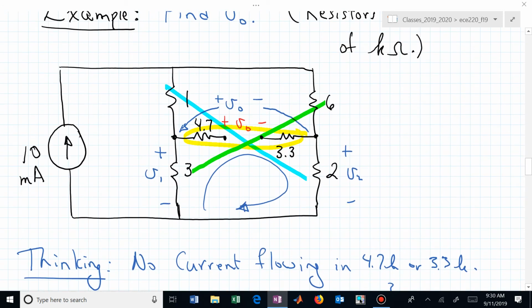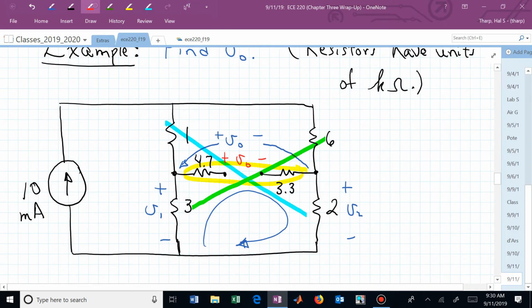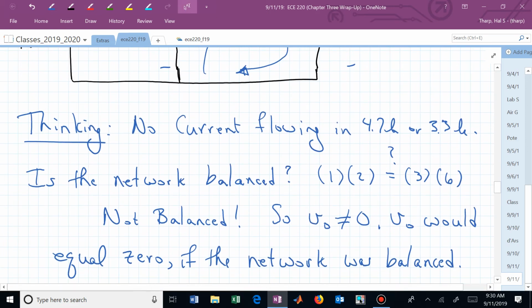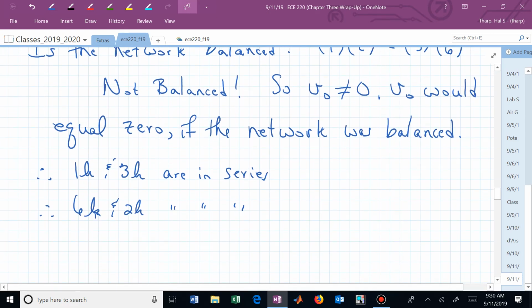And in fact, if we call that I1 and this I2, do you see that I1 is going through the 1-3 series combination and I2 is going through the 6-2 combination? So this now passes I1 and this passes I sub 2.